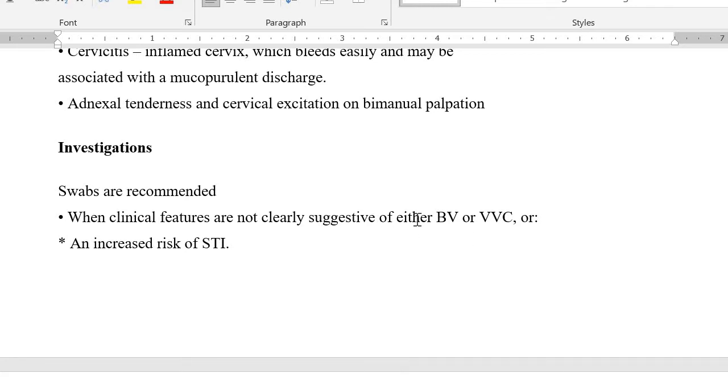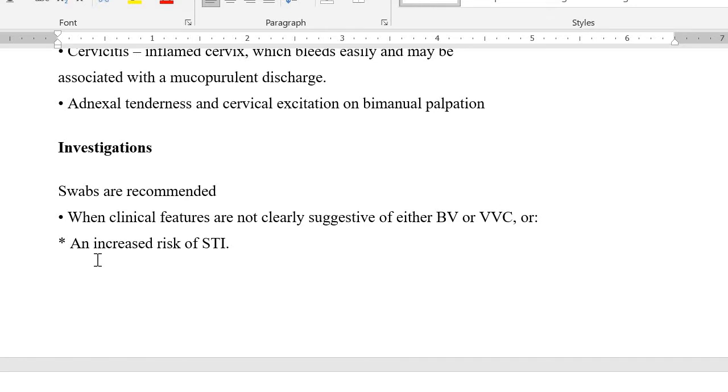If you see the greyish copious discharge, you will say that this is bacterial vaginosis. If you see white curdy discharge or clumps on the vulva and in the vagina, then you will say that this is vulvovaginal candidiasis. So the things are clear, and swabs are not indicated.